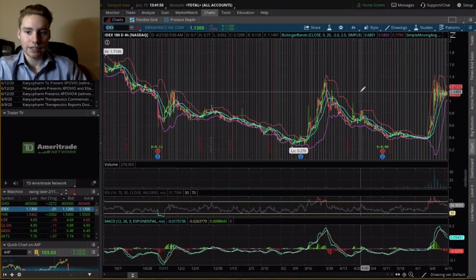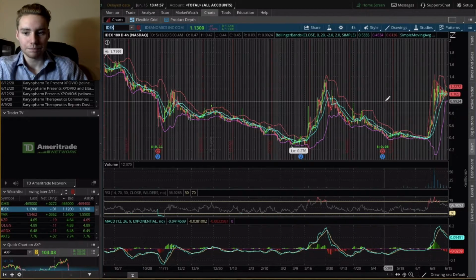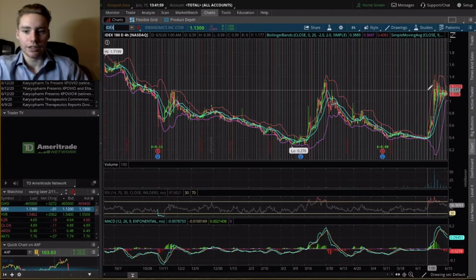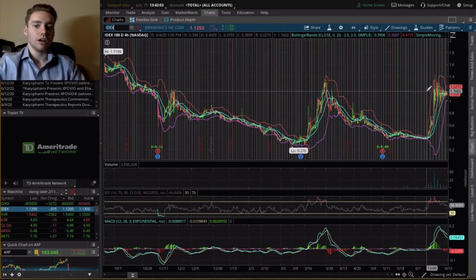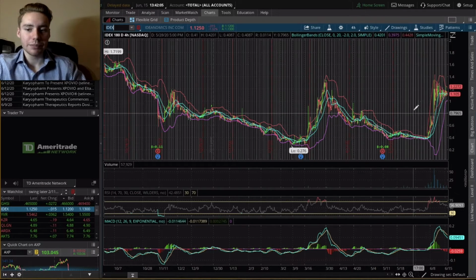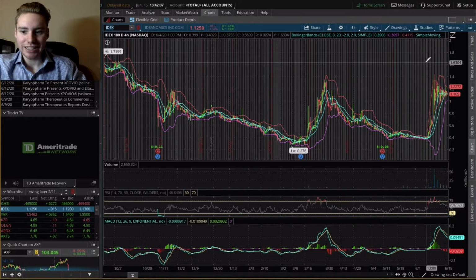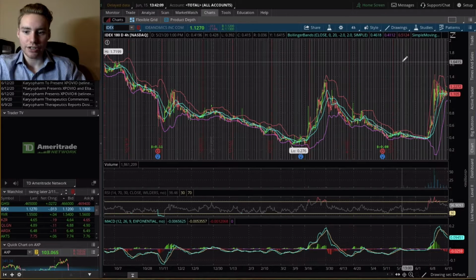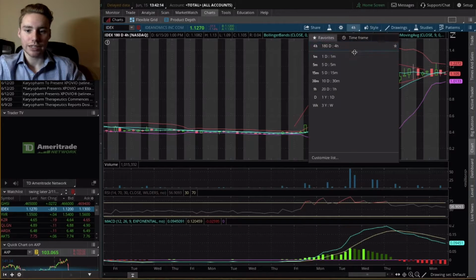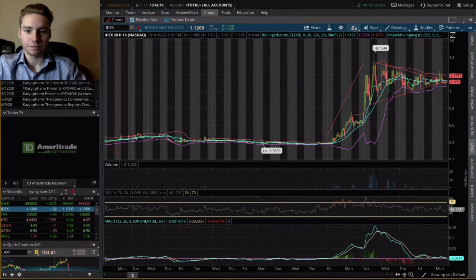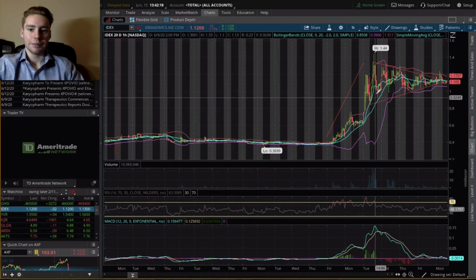Now the second would be that there is a much tighter coiling of the price action. And what I mean by that here is you can see on the 180-day chart just how congested this is. So if we look at it here, I mean, look at that.